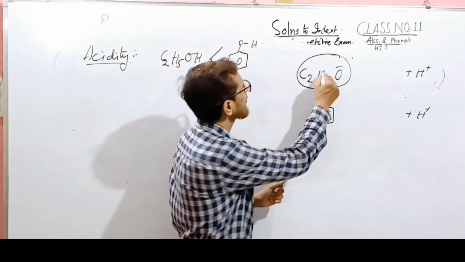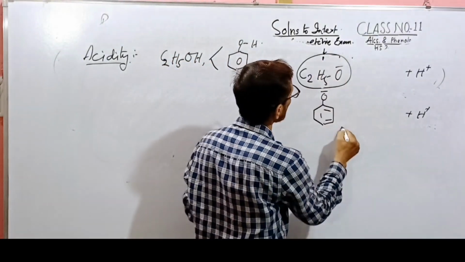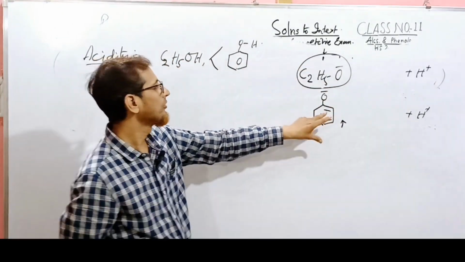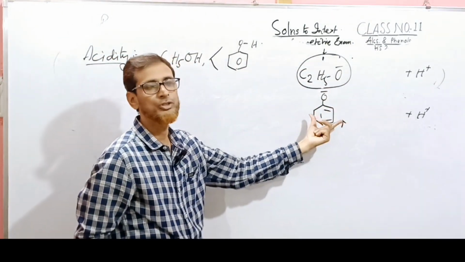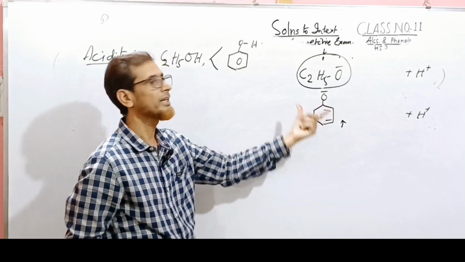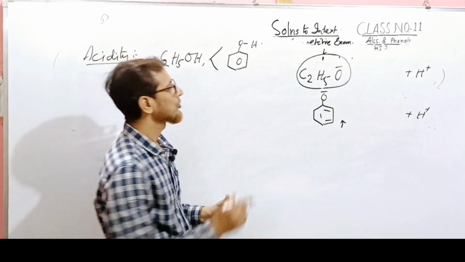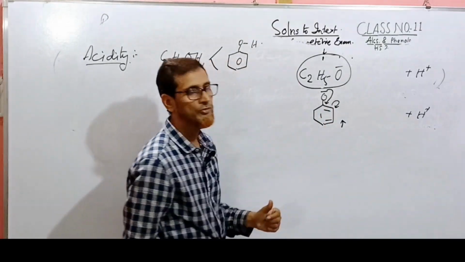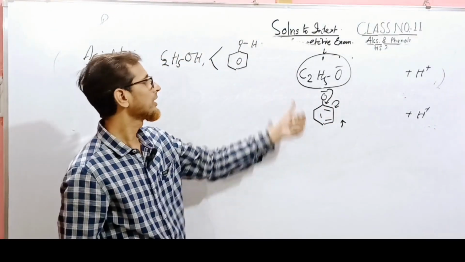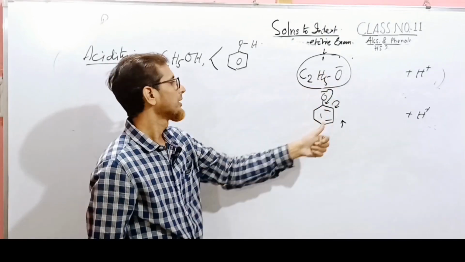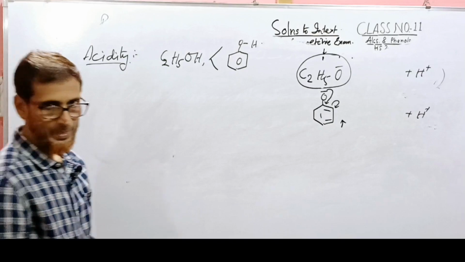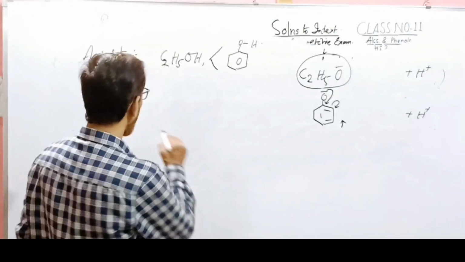But out of these two, if we compare the stability, we will find the resonance stabilization is much more in phenoxide than in ethoxide. So due to resonance, the stability of the phenoxide ion is more than C2H5O negative. That's why phenol is more acidic than ethanol.